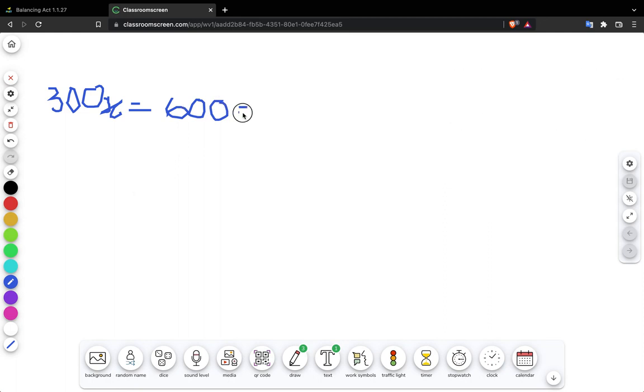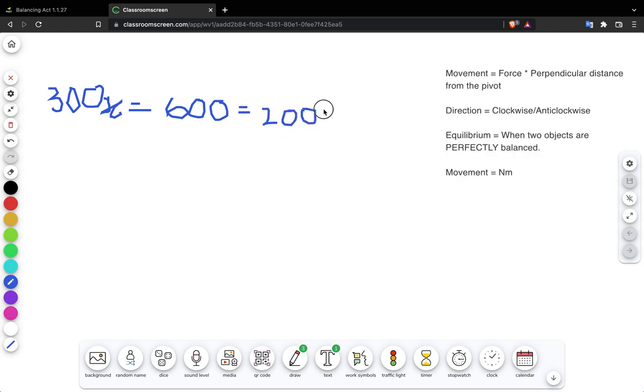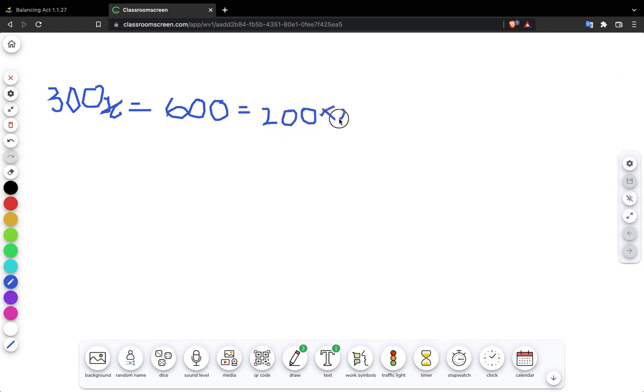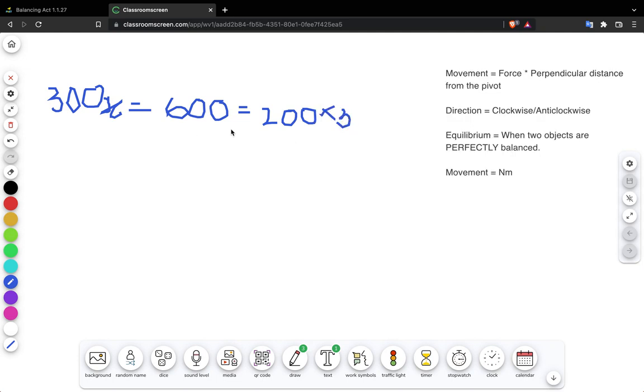And that's also equal to 200 into 3. Actually, you know what? You shouldn't calculate this. Just leave it as it is.